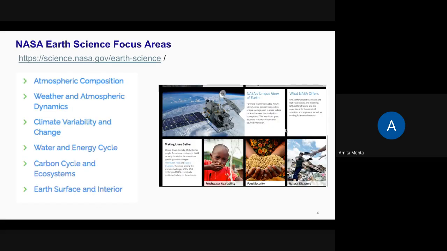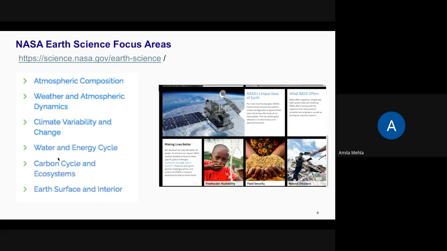So these are the focus areas, as you can see. Atmospheric composition, so air quality is a major part of that. Weather and atmospheric dynamics, climate variability and change, water and energy cycle, carbon cycle and ecosystems, and Earth surface and interior.